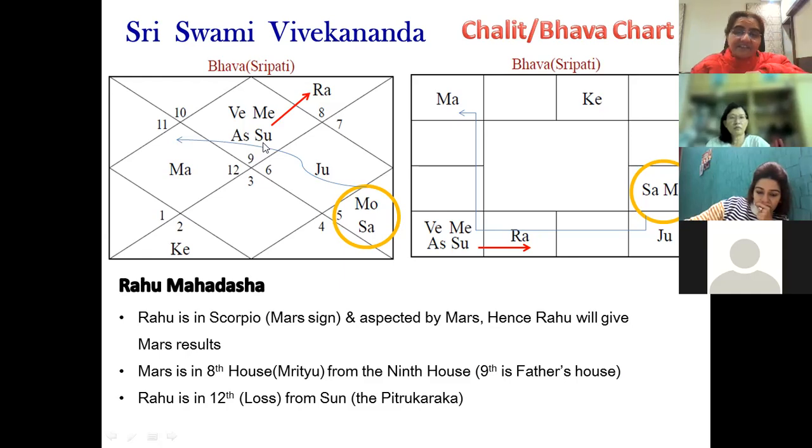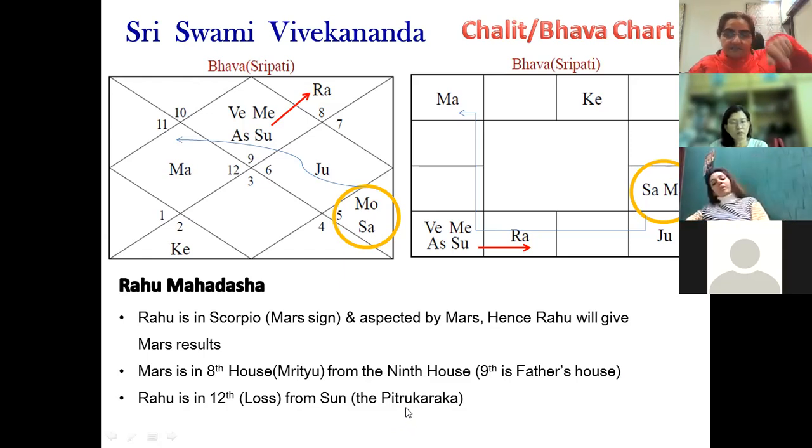Remember, the sun is the significator. Sun represents father. Pitrakarak means the significator of father. You just say father. Now, from father, if you see, Rahu is placed in the 12th house.